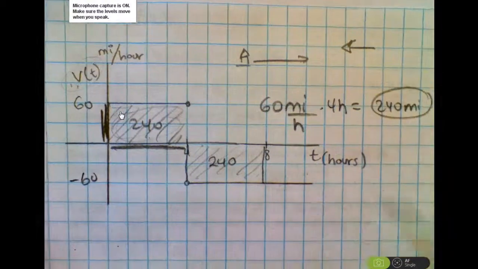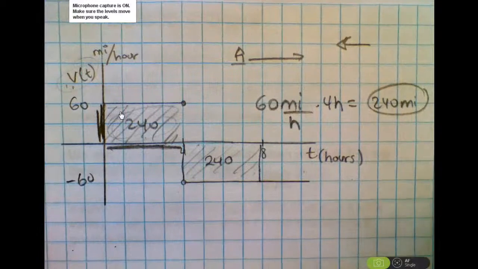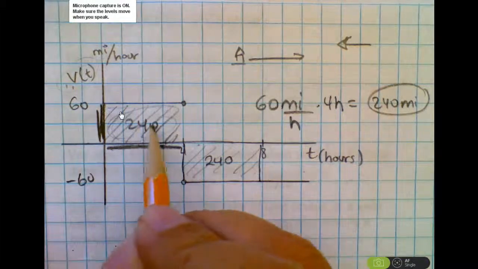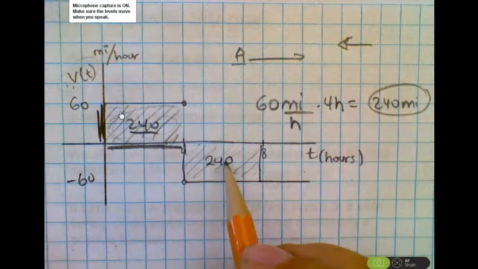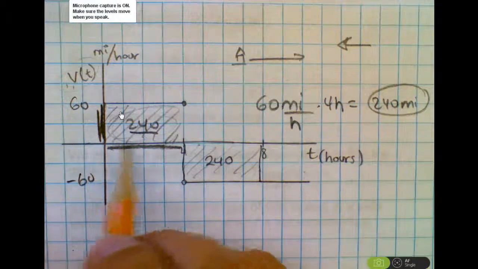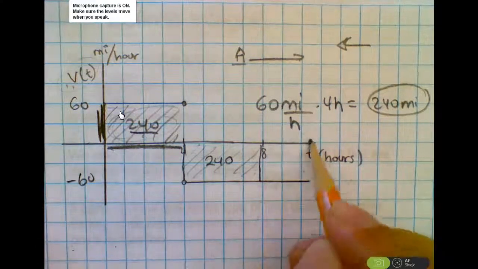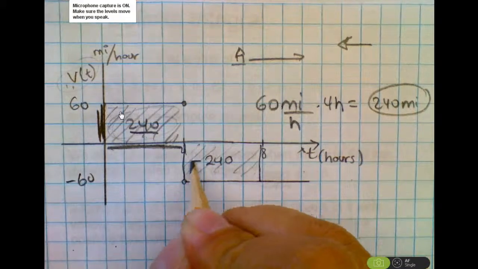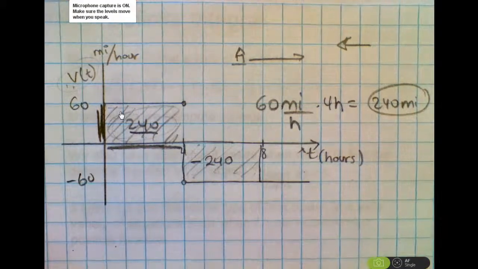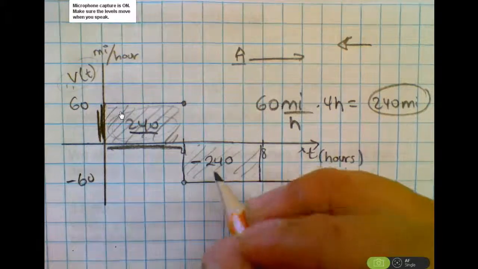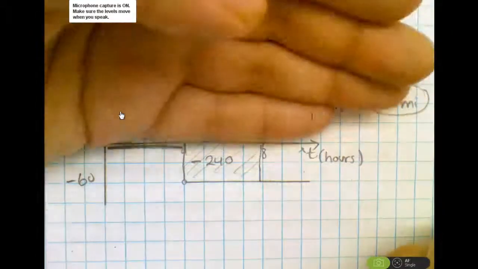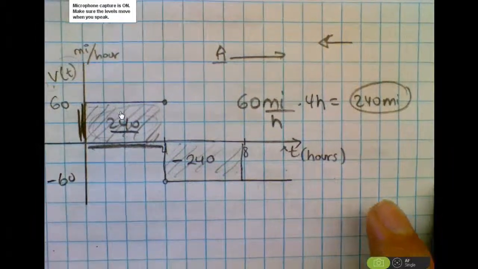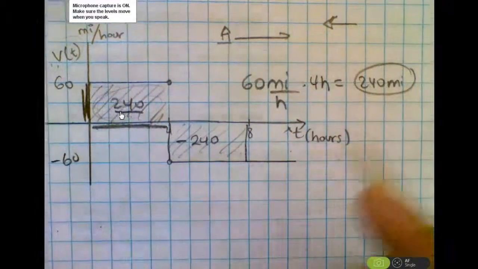But if we are talking about the sums of these areas, this area is positive, this area is also positive, but because it's below the x-axis, the sign of this area is going to be a negative one. And it doesn't mean that the area is negative, it just means that areas below the x-axis are going to be considered as negative. And the reason why is because look at what happens.